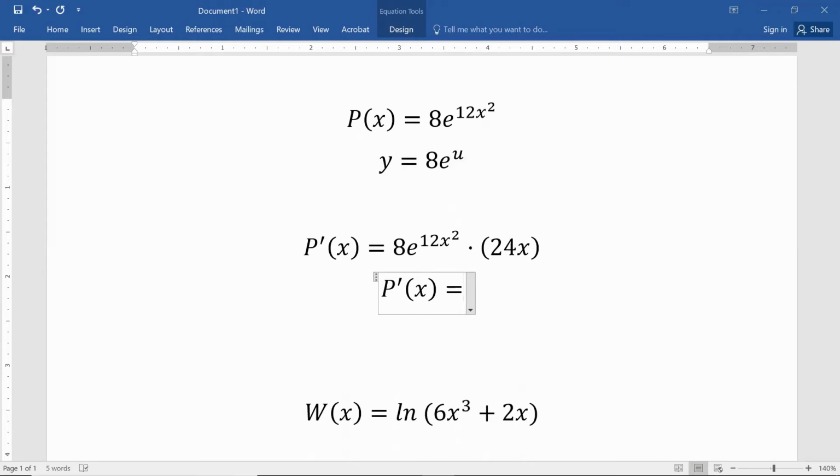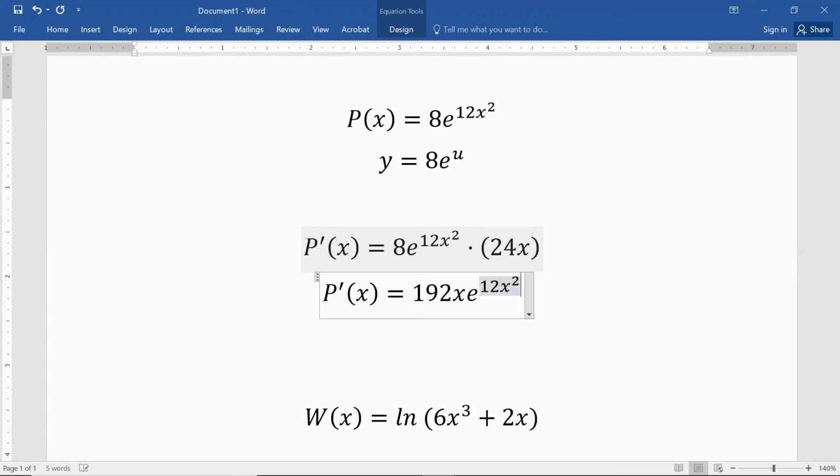If you take 8 times 24x, you're going to get 192x. So take the 8 times the 24x, I put that all in front, and then e to the 12x squared. So there's the derivative in its most compact form.